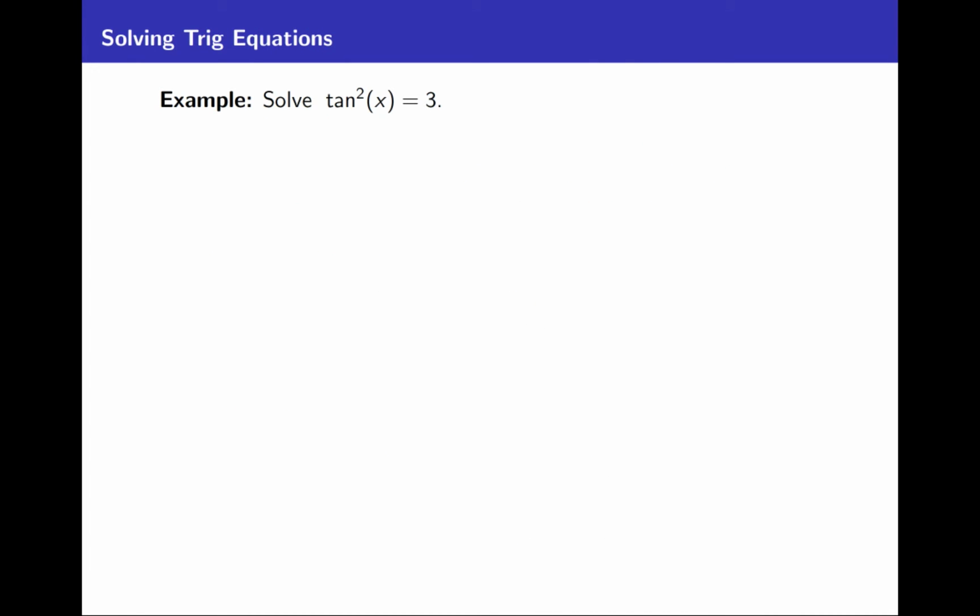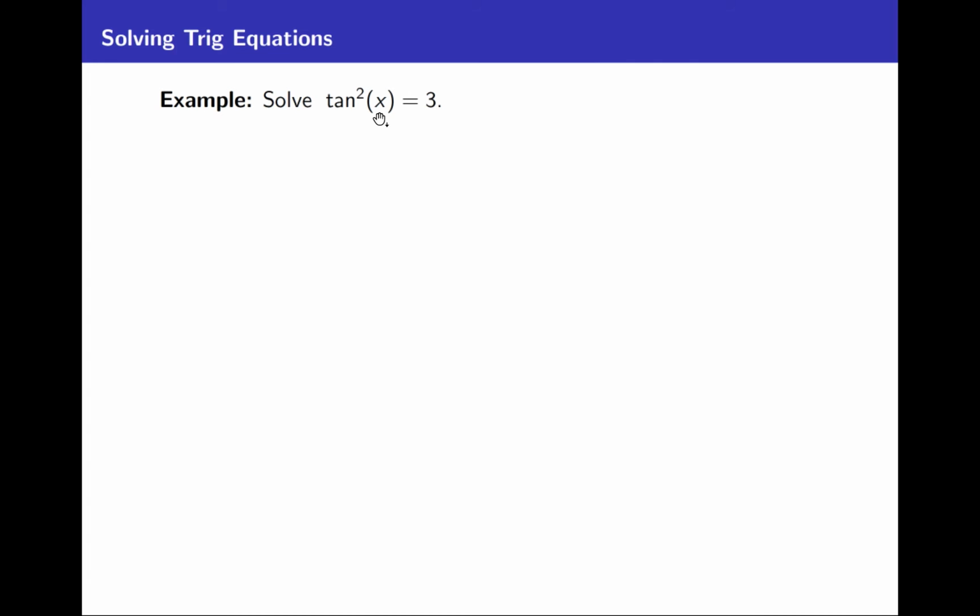Finally, let's talk about solving trig equations. These are equations that have trigonometric functions in them. For example, tangent squared x equals 3 would be a trigonometric equation. And we're talking about solving here that trigonometric equation, tangent squared x equals 3.